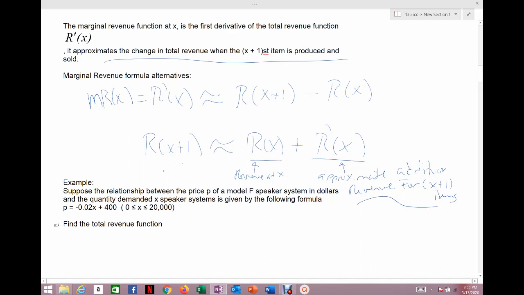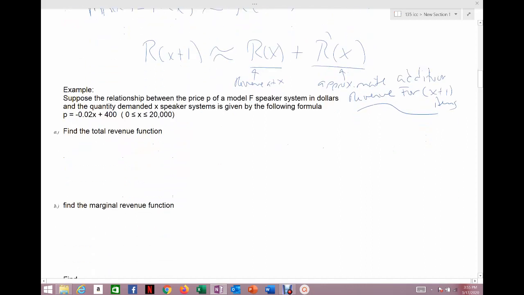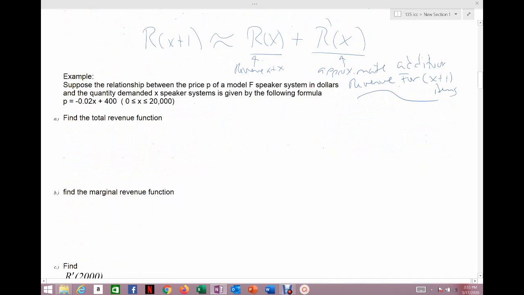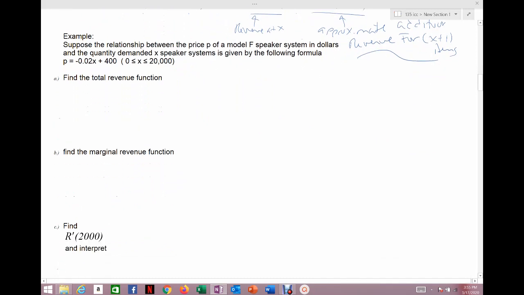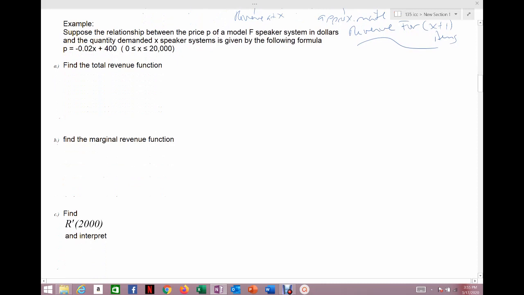And so we're going to do an application of that, similar to what we did in the earlier sections, the first example. The only difference here is revenue instead of cost. First thing we do is find the total revenue function, so you have to remember how to do that.